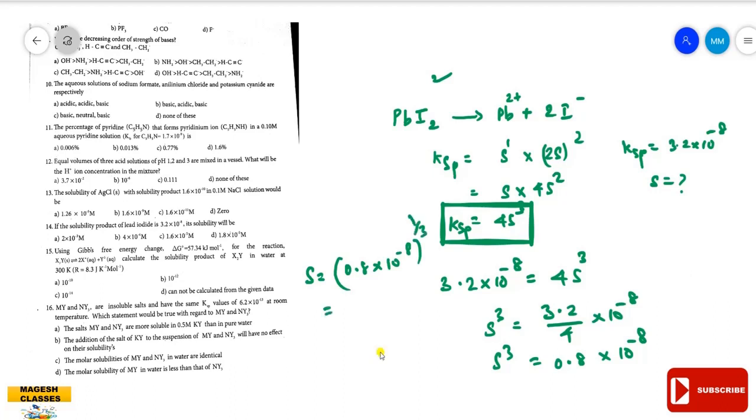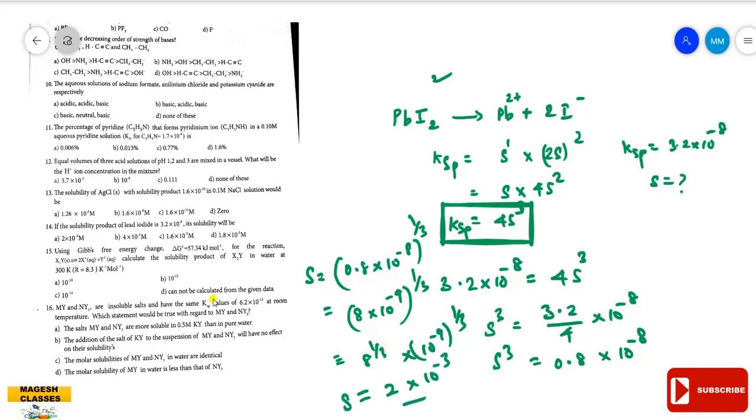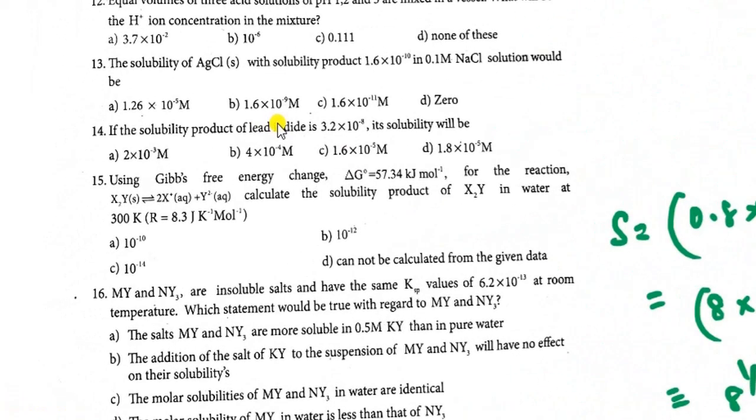I can write this as 8 into 10 power minus 9 whole power 1 by 3. So 8 power 1 by 3 into 10 power minus 9 power 1 by 3. 8 power 1 by 3 is equal to 2 into 10 power minus 3. So the S value is equal to 2 into 10 power minus 3. Your answer is A.